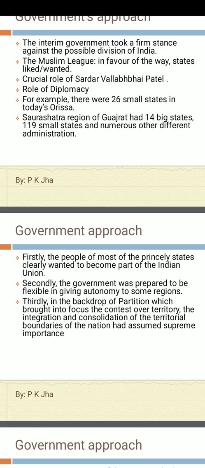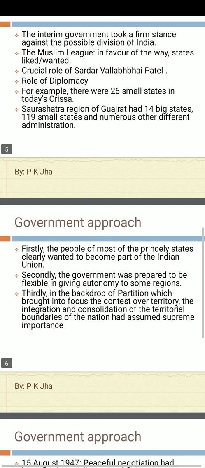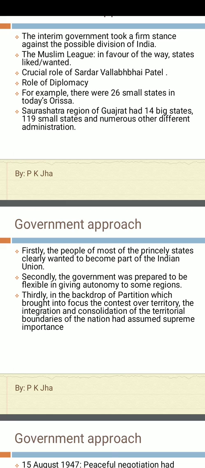Second, the government was prepared. The government told them that it was not going to dictate its terms and conditions. The government was prepared to be flexible in giving autonomy to some regions. It said that okay, if some regions want some kind of freedom, some kind of autonomy, we are ready to give it. We are not averse to any population or people of one region being suppressed.